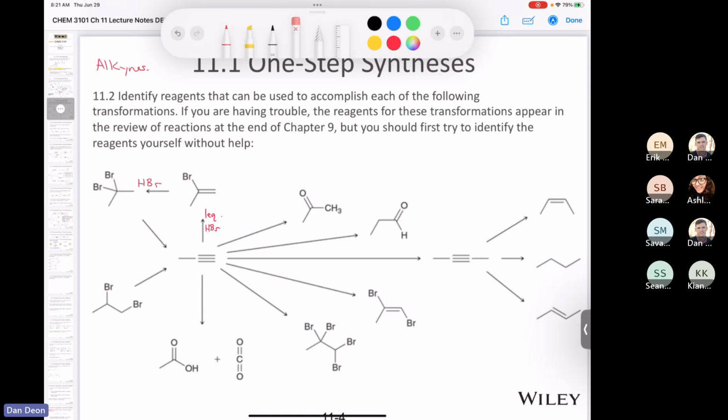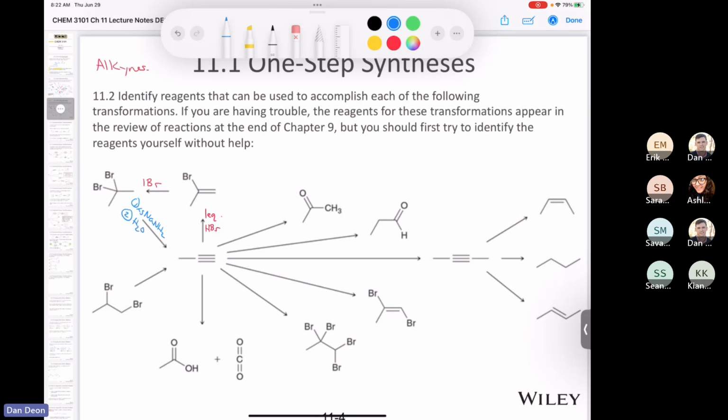All right, let's take a look at these two reactions. So this reaction here, where we take a geminal dibromide and we convert it to an alkyne, and the one where we take a vicinal dibromide and convert it into an alkyne. And remember that both of these reactions are identical. It's the same conditions for both. So we're going to put here step 1 is excess sodium amide, and step 2 is water.